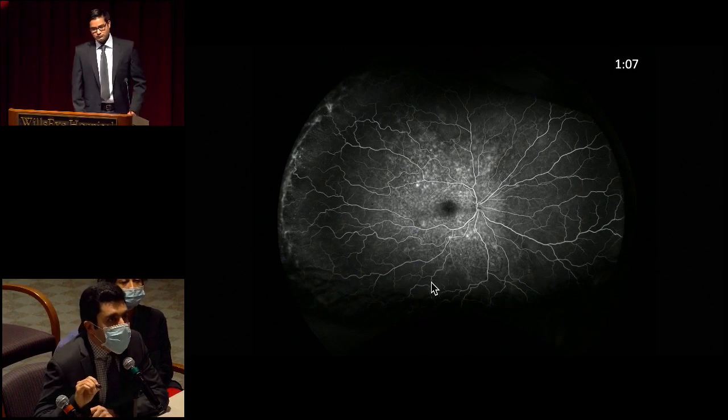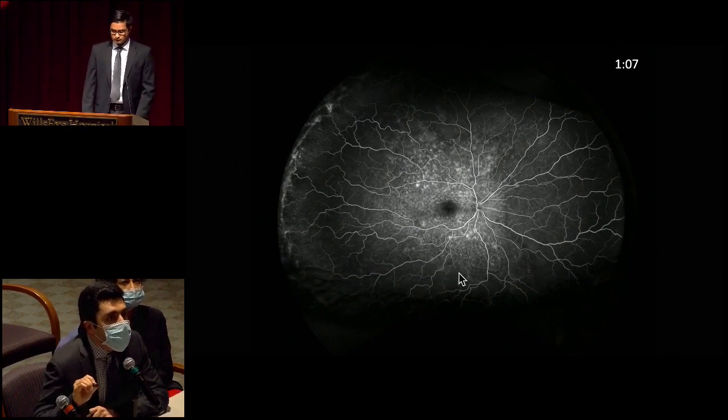Going to 1 minute 7 seconds, the perfusion overall in the retina looks good. I don't see much in terms of peripheral non-perfusion. There do appear to be some maybe microaneurysmal changes in the far periphery of the retina. Might be non-specific changes in the very peripheral retina. And overall, again, that sort of granular, lobular appearance of hyperfluorescence localized to the posterior pole.